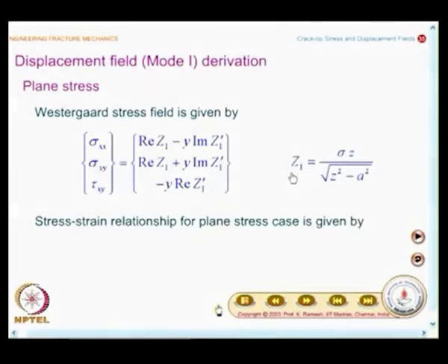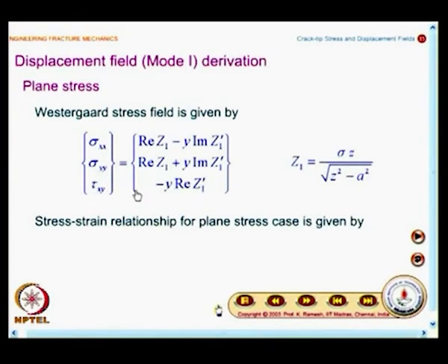One of the interest is we want to see under given loading how the crack opens up. For that, finding out the displacement field with crack center as the origin is useful, and we would develop it for plane stress as well as plane strain. So in the case of a stress formulation, we get the stresses first.